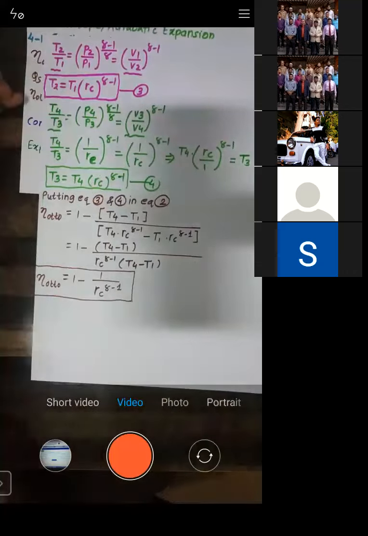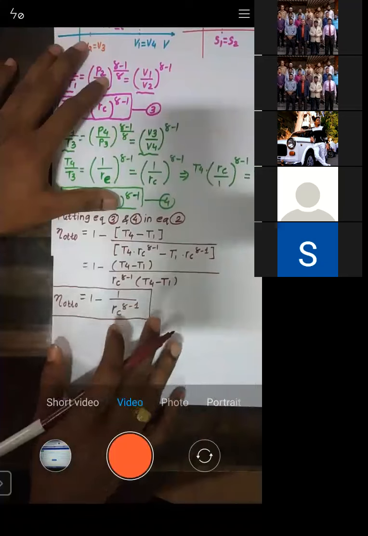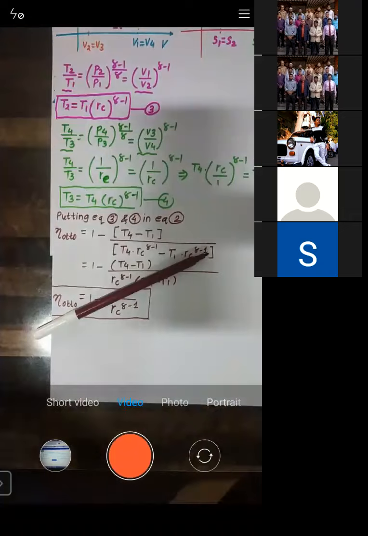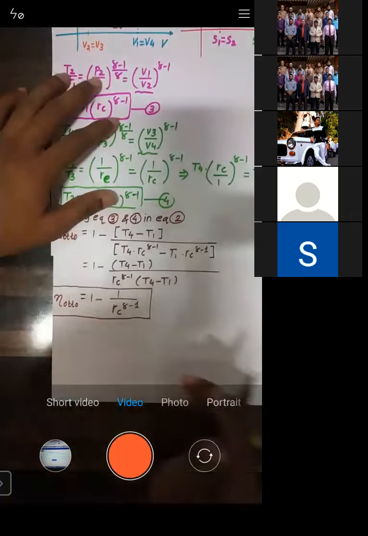Okay. So can anybody let me know what you can conclude from this equation? Yes. When we see this formula, what does it indicate?